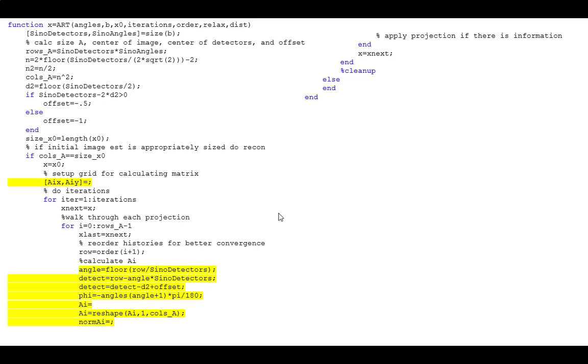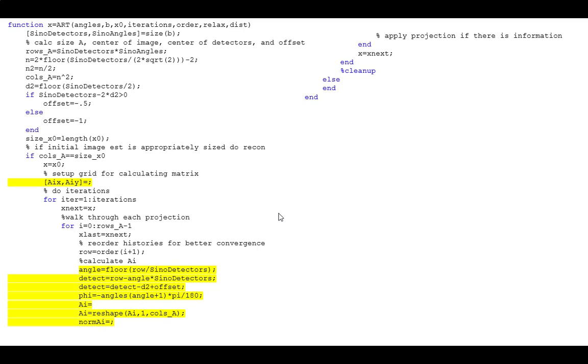So, imagine this was my original setup, of wherever I'm getting my sinogram. This is angle 0, angle 1, angle 2, angle 3, and for angle 0, I have however many detectors you have for each one.